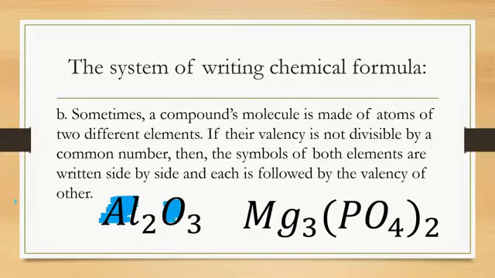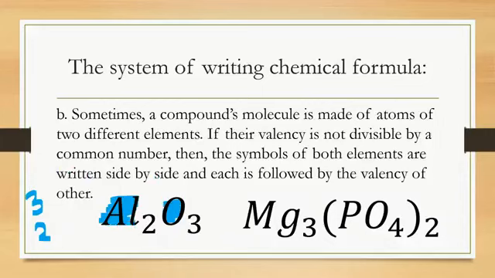We know the valency of aluminium is 3 and the valency of oxygen is 2. 3 and 2 are not divisible by a common number. Then the symbols of the elements are written side by side.